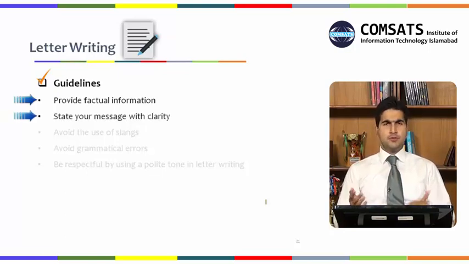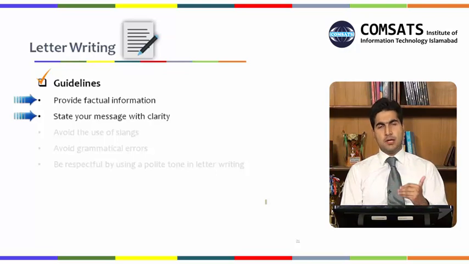Then, with reference to the 7 C's, you have to state your message or messages with clarity. Clarity is just one C, but of course, it is going in line with all the other C's of communication as well. So, everything has to be covered alongside this clarity.